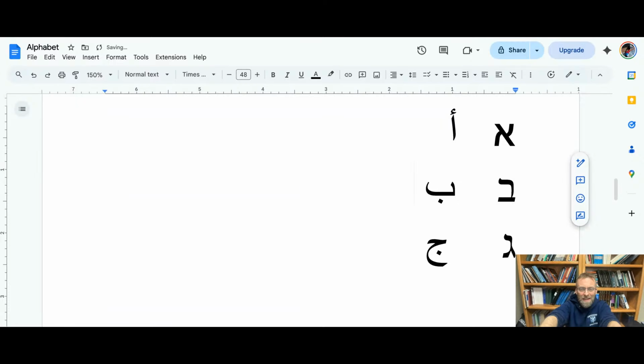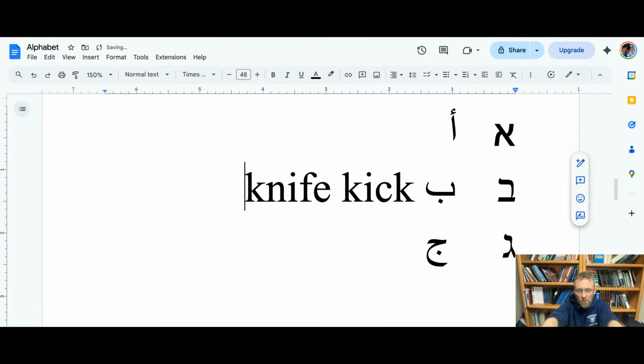It's kind of like in English, for instance, if this seems strange to you: how do you pronounce this word? And how do you pronounce this word? In the word kick, both of the K's are pronounced. In the word knife, it's not. How would you ever know that as an English as a second language student?